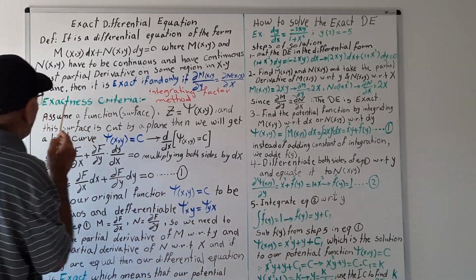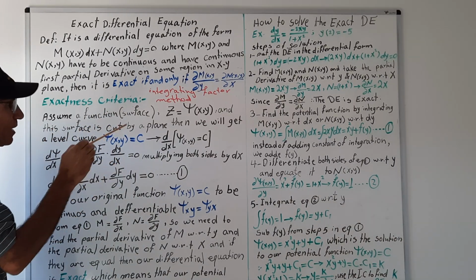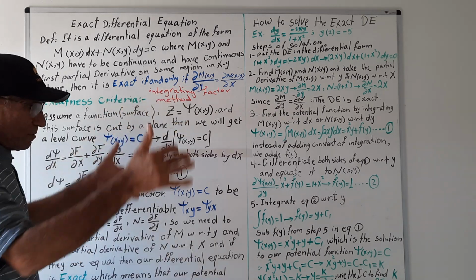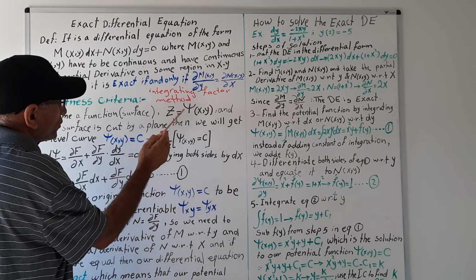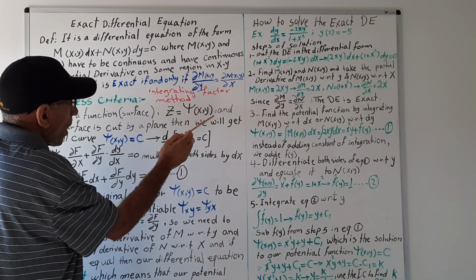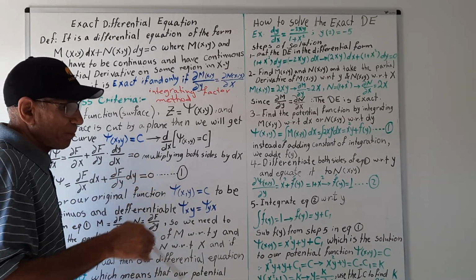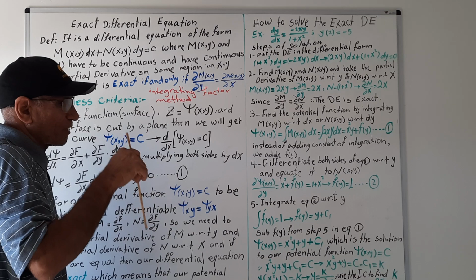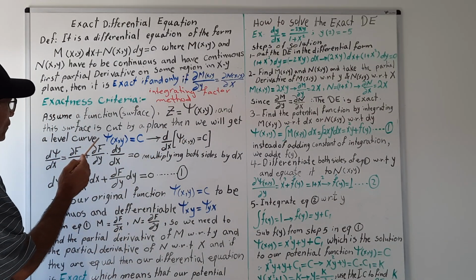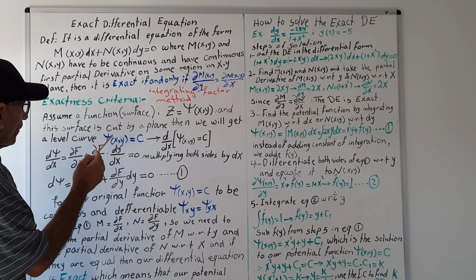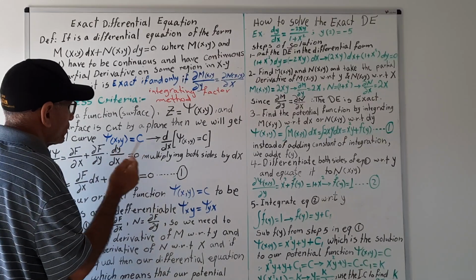So here, exactness criteria: assume a function like a surface, and this surface in space z equals psi of x and y, and this surface is cut by a plane. Then the points of contact with that plane will create a level curve, and the equation of this level curve is psi of x and y equals c, and then we differentiate both sides.